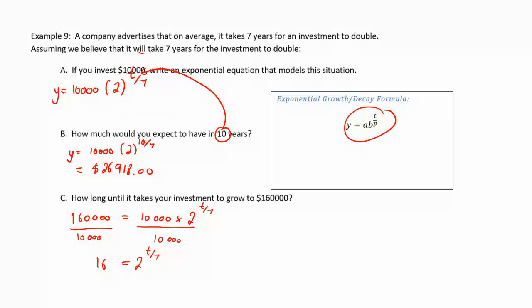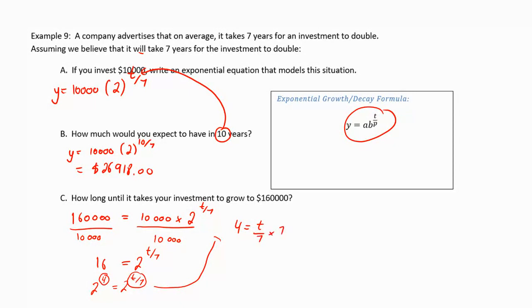Now here's the way we solve this. This number was chosen carefully because 16 is actually a power of 2. 16 is the same thing as 2 to the power of 4, equals 2 to the t over 7. Now the idea behind exponential equations is, if these two expressions are equal and they both have the same base of 2, this means that their exponents are equal.